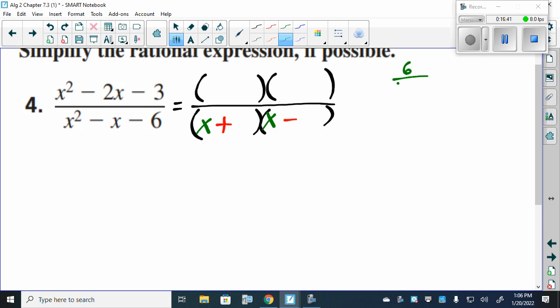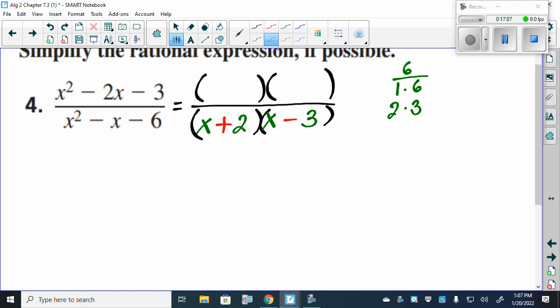Now the factors of 6 are 1 and 6 or 2 and 3. Which one do we want? 2 and 3, and we would want the 3 to be negative. And if we did go through and check this here, it would work out that the middle term would be negative x. So these are the correct factors.